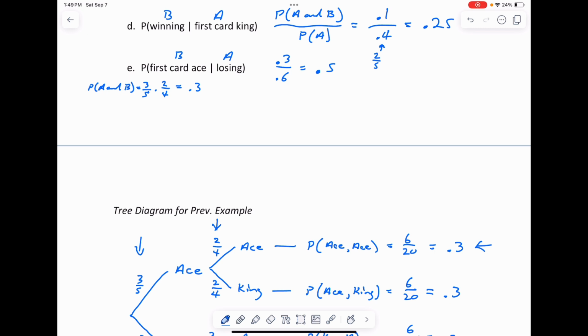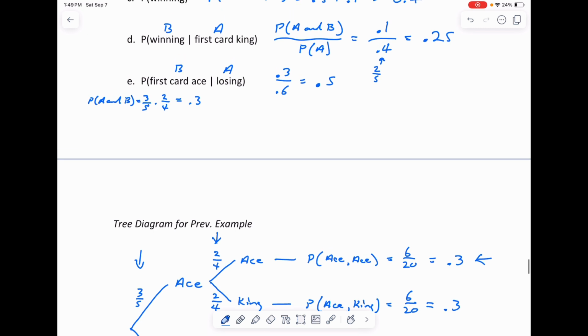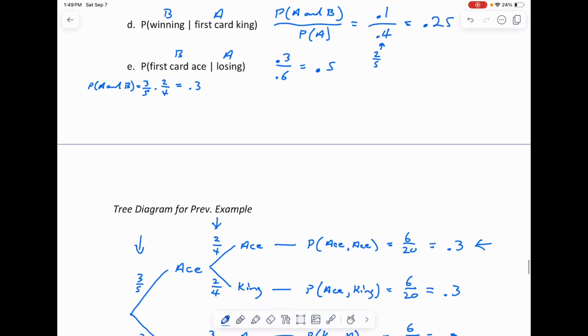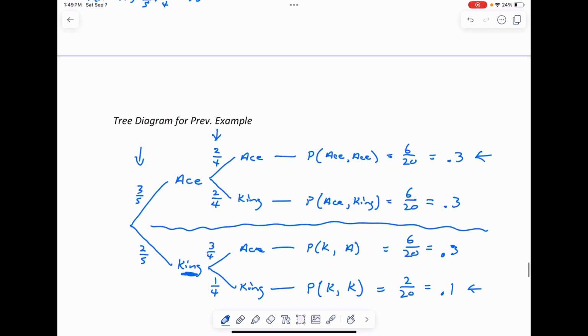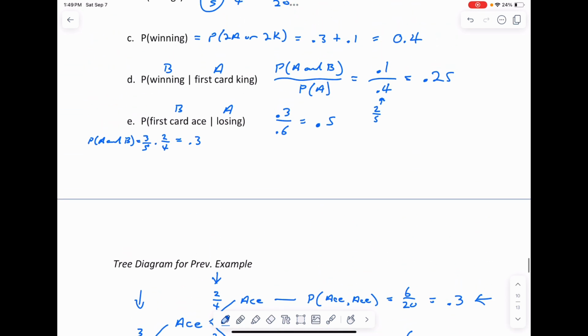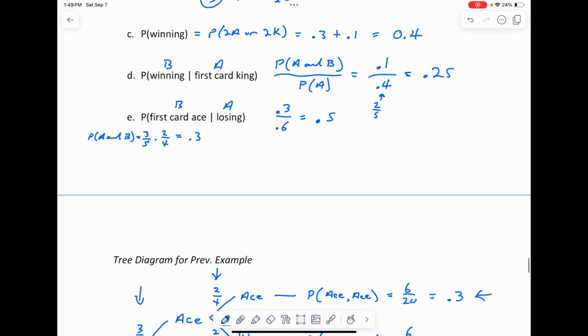But now look at what happens with the conditionals. We're not going to see it directly, but we can start to see the numbers a little bit easier here. Probability of winning, given that the first card is a king. So where the first card is a king, we're looking at this bottom half, right? And we want the situation where we win, given that that happens.